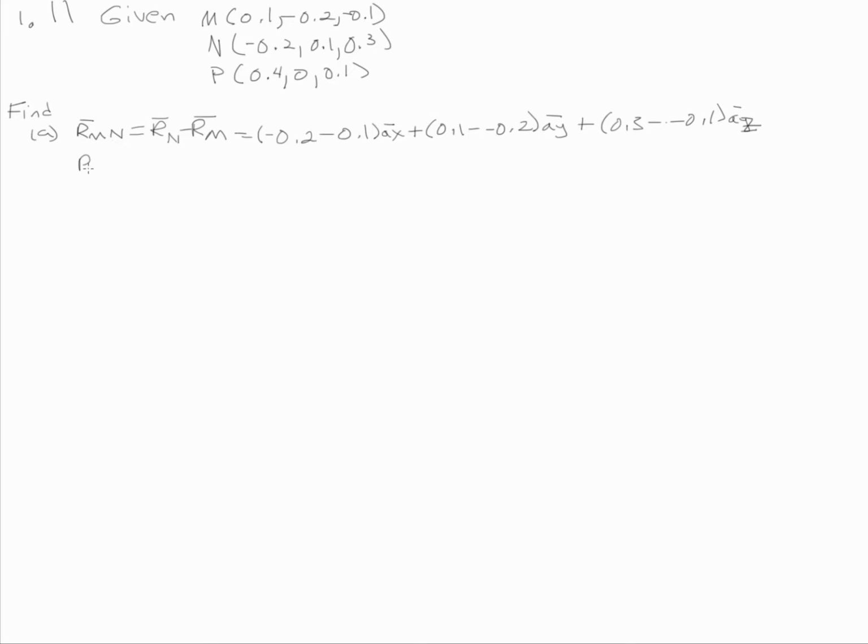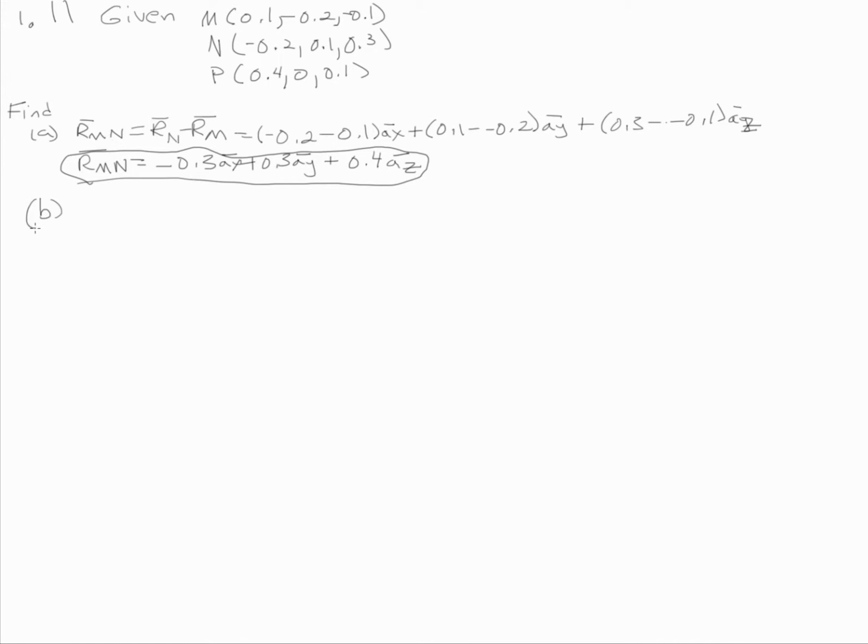And so that gives you an R_MN of minus 0.3 Ax plus 0.3 Ay and plus 0.4 Az. And so this is the answer. So the trick here is just remember that it's always the second one minus the first.